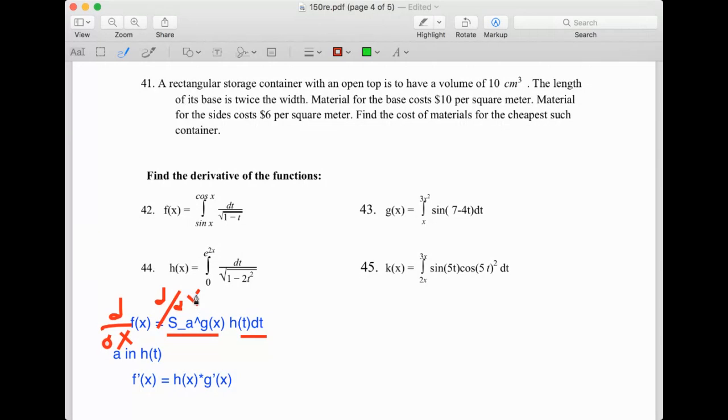And remember, differentiation and integration are opposite operations, right? Like a plus and a minus, as if we didn't do anything. So the only thing is to check that the lower number is in the domain of h. And when we do f prime of x, we have to multiply by the derivative of the upper limit, so g prime of x.